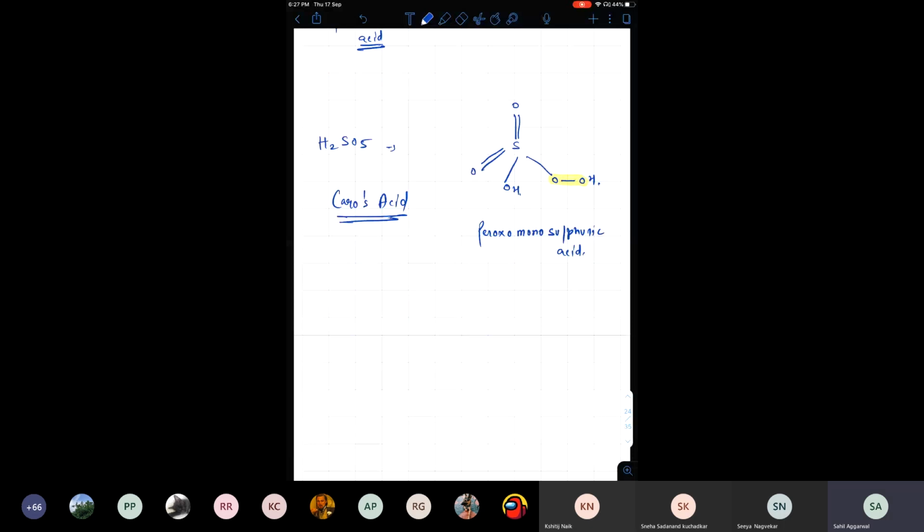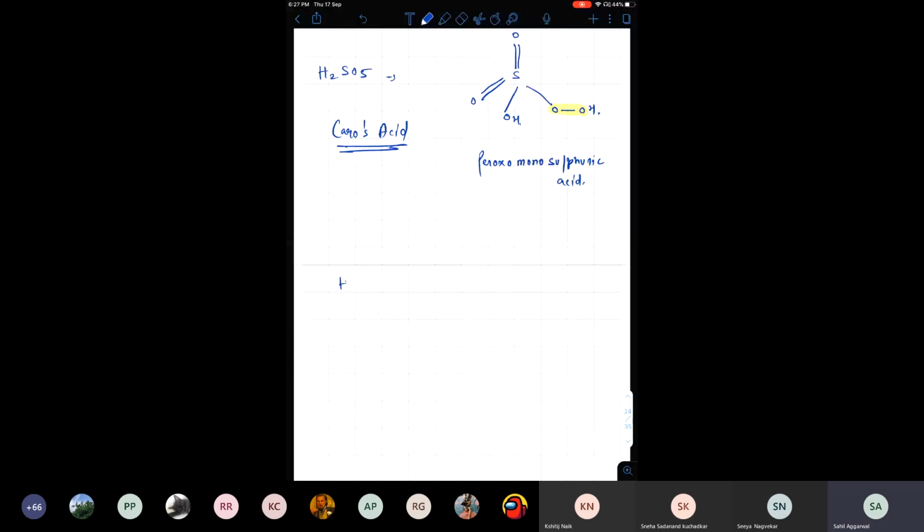Then we have (HPO3) whole thrice, P3O9. So we have to make a triangle because of phosphorus. We have to give a linkage.